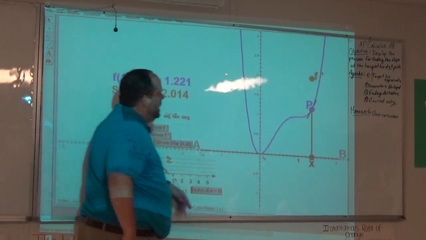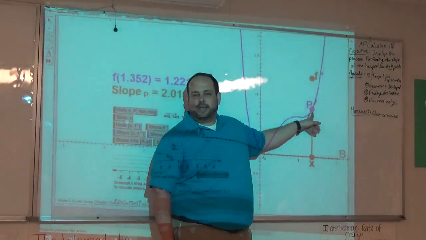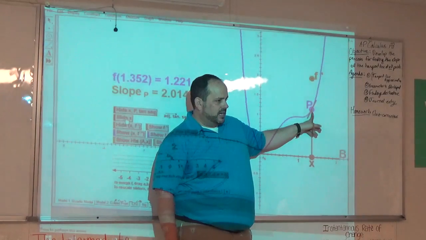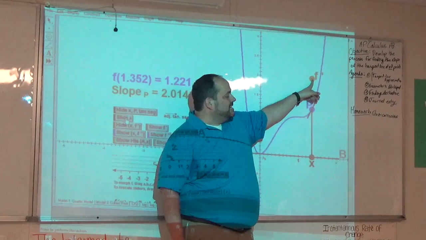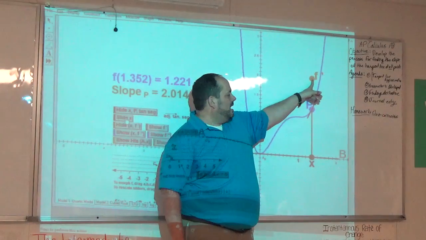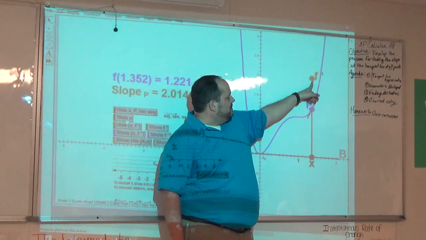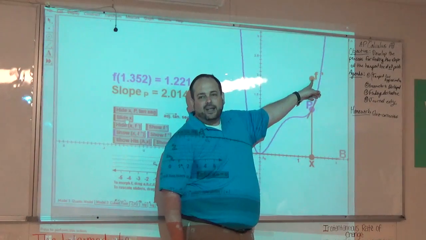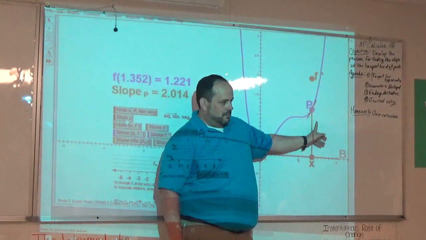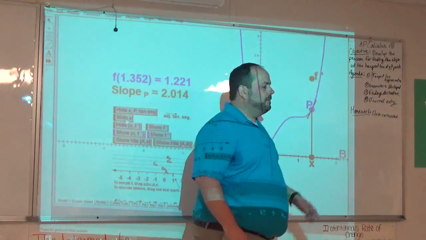This green point is always going to have the same x-coordinate as point P, the point of tangency. The y-coordinate is determined by looking at the slope of the tangent line. So this green point always matches the x-coordinate here, but the y-coordinate is determined by the slope of this tangent line over here. Okay, let it go.